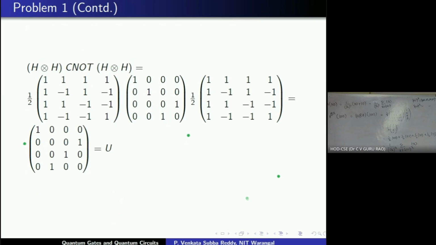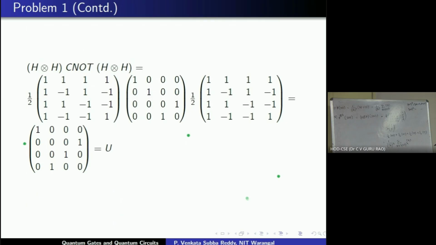0, 1 are the only possible states if it is a single qubit system. If it is a 2 qubit system, what are possible states? 0 0, 0 1, 1 0, 1 1. Okay. Now what is the probability of getting 0 0? 0 1? All possible states it puts in equal superposition.